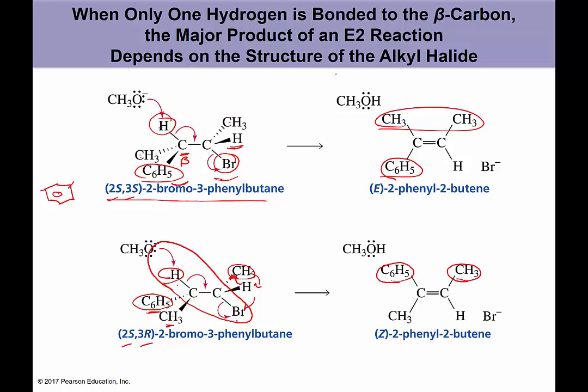In essence that means opposite sides. So anti could also be like this. These two groups are also anti. So if you can get them in that configuration. I like the particular configuration your book shows here because in that configuration you can see the relative orientations of the groups once the elimination takes place.